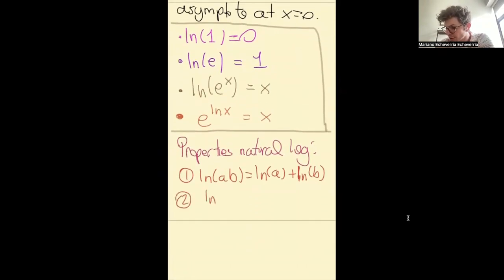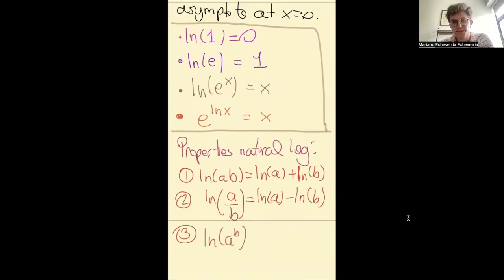The other is that the natural log of a ratio is the difference of the natural logs. And the last one is that for the natural log of a power, you can just bring down the exponent to the front. These three are the important properties of natural log you should know.